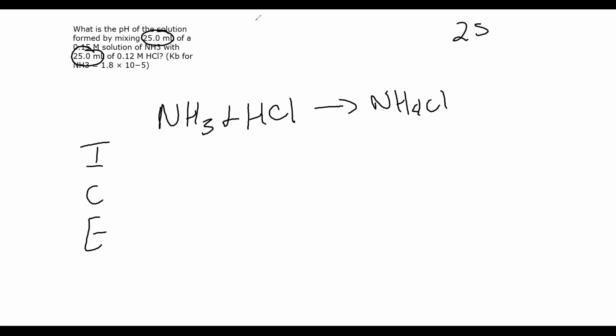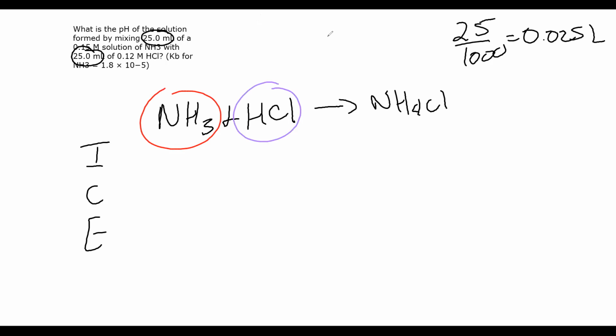So it's 25 divided by 1,000, which is 0.025 liters. Now I'm going to take, let's do red for this guy, and purple for this guy. I'm going to take my 0.15 moles per liter and multiply by 0.025, canceling liters out.